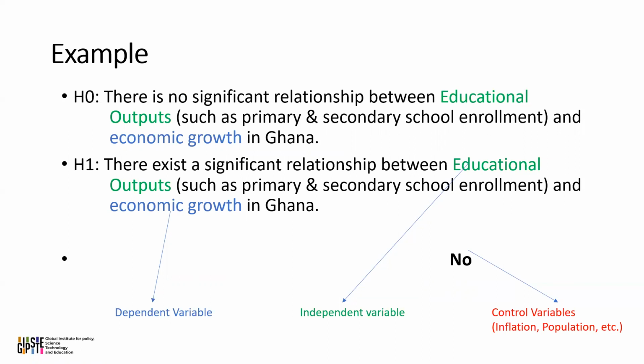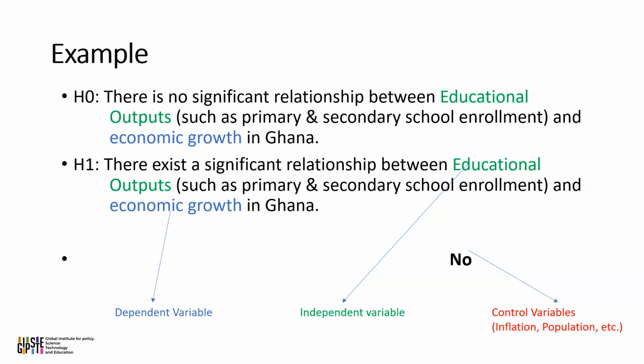In this particular scenario, you see that the null is saying there is no significant relationship, but the alternative is saying that one may exist, a significant relationship. At least one of the educational outputs may have a significant influence or relationship or impact on the dependent variable, that's the economic growth.